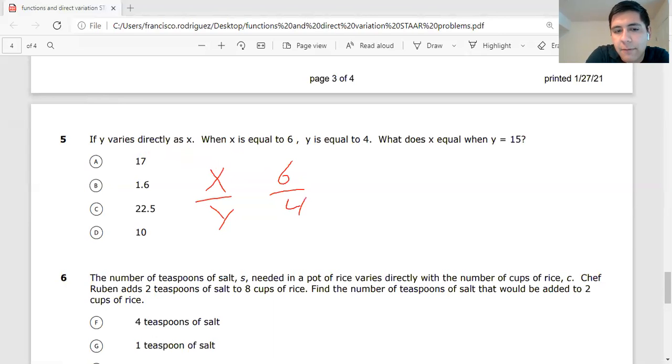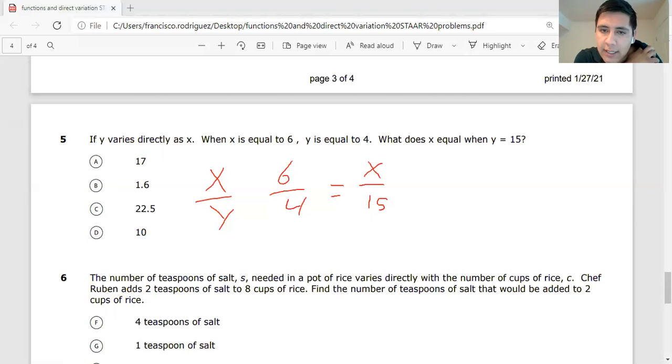So I could write it as a fraction like this. The question tells us, what does x equal when y is equal to 15? So again, if I keep x on the top and y on the bottom, we know that y is 15, but what does x equal? And this is how we would set up our equation, okay?